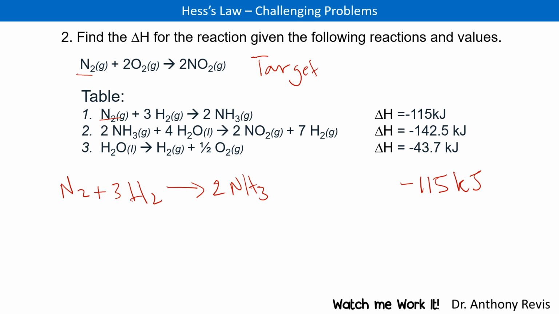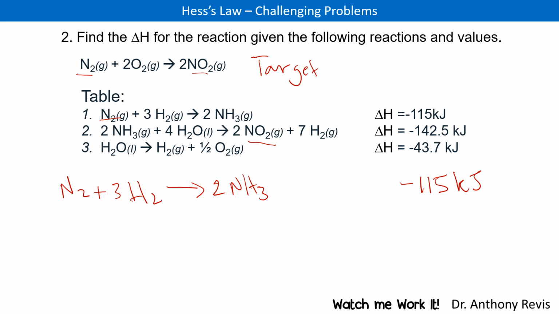Next, we're going to see what else we have here. We have O2, but I tend to work with the NO2s next. And here's the equation. Equation number 2 has NO2 in it, and its NO2 is in the right place again. I tend to leave oxygen and waters to do last. So I can simply use equation number 2 just as it is written.